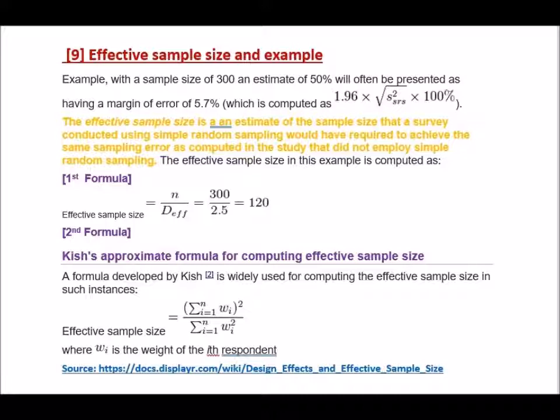The effective sample size in this example is computed using the first formula. Effective sample size is equal to n upon DEFF, so it is equal to 300 upon 2.5, so it is equal to 120. So this is the concept of effective sample size.